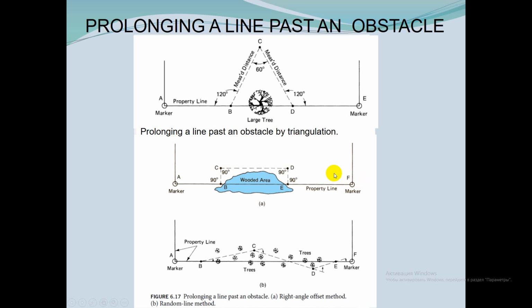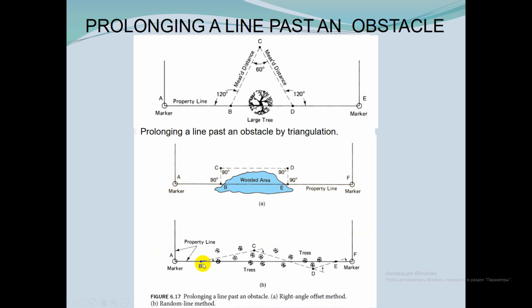In the next figure, trees are scattered over the area, preventing the establishment of a right angle offset line. In this case, a random line, an open traverse, is run by deflection angles through the scattered trees.